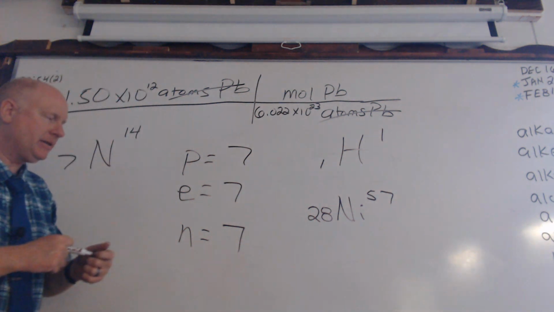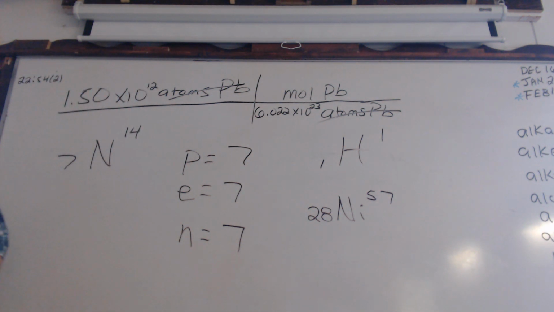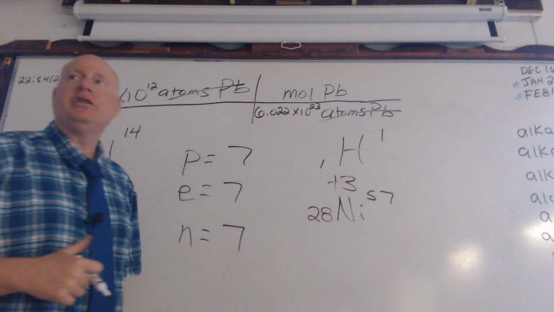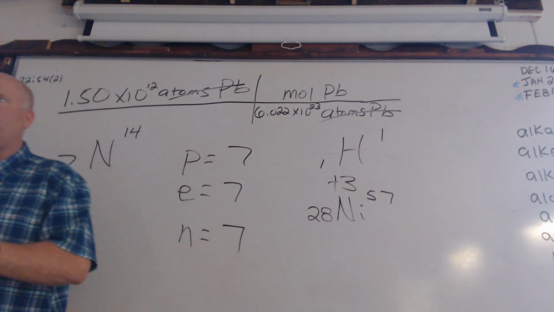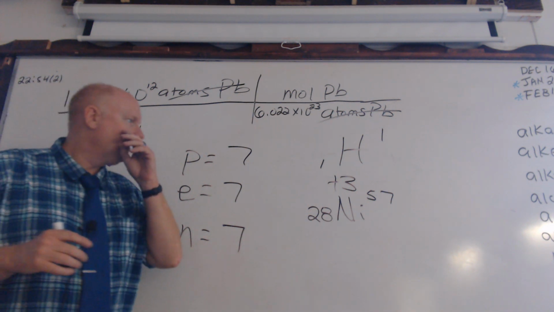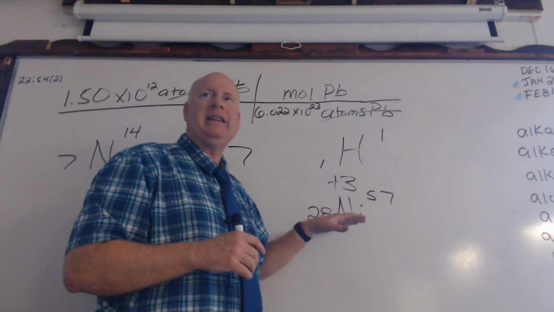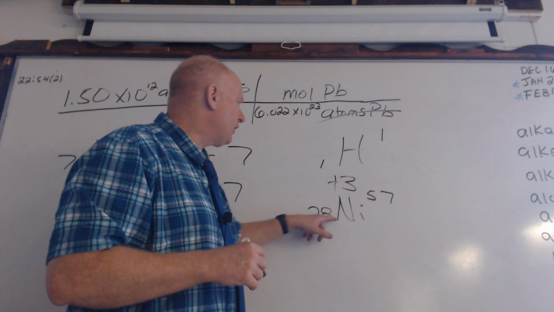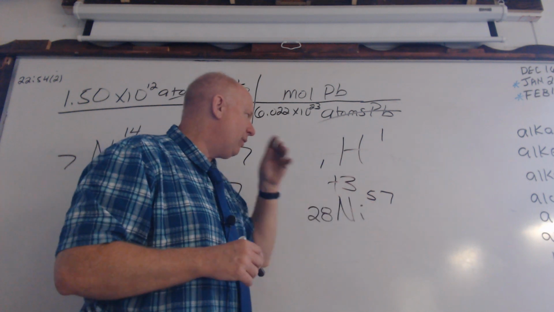Okay, so what can you tell me about nickel? How many protons in it? 28. Okay, but we're going to say it's got a +3 charge because nickel can be +2 or +3. So then, how do we find the number of electrons? Well, if we were to subtract these, that would be 29, right?